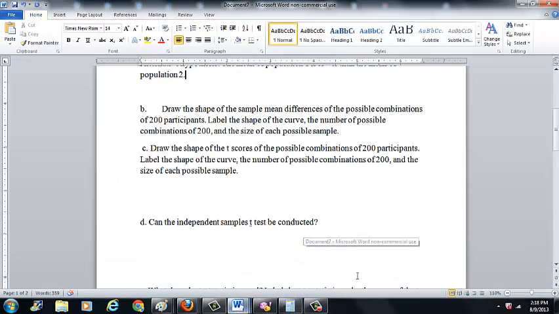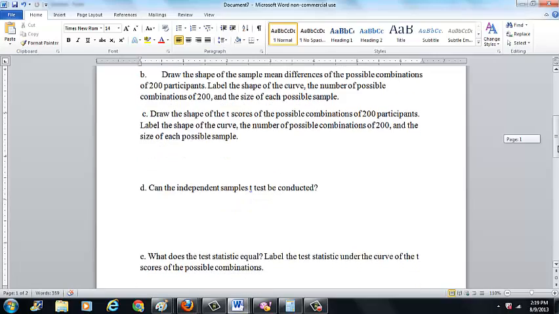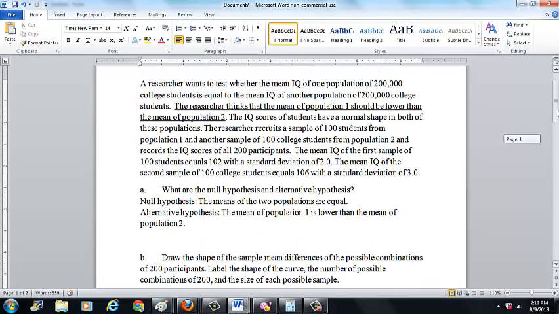And we're still doing an independent samples t-test. Can the independent samples t-test be conducted? We have to check a few things.